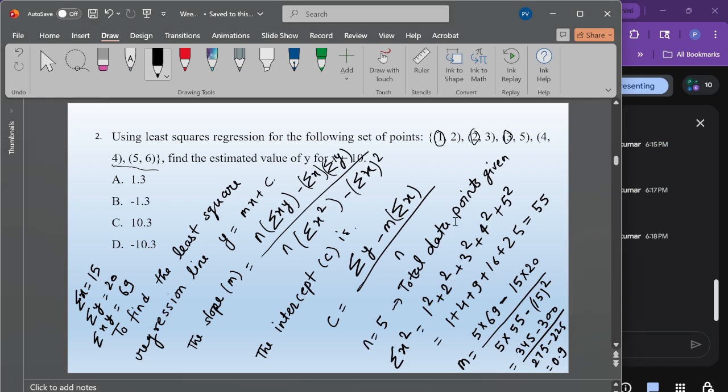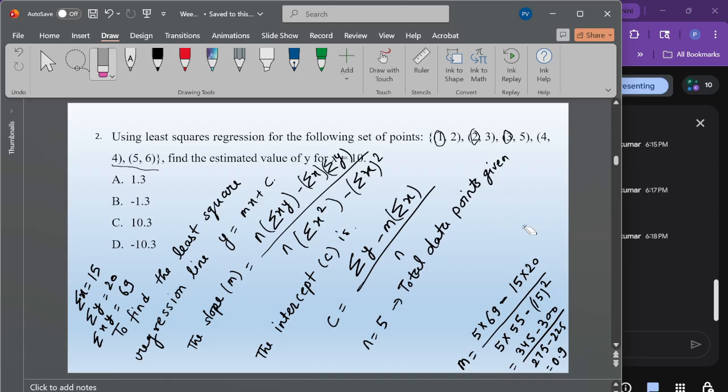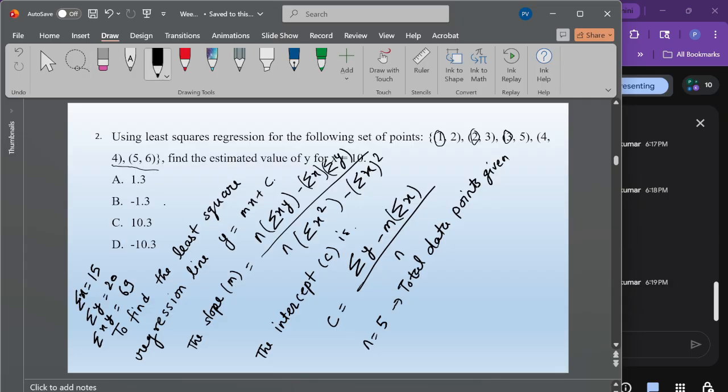Now similarly, we have to calculate the intercept. So I'm just removing this so that we can calculate the intercept. m that we have calculated is 0.9, right? Now we will calculate c. So c is summation of y, that is 20, minus m that we have calculated, 0.9, and summation of x is 15, right?